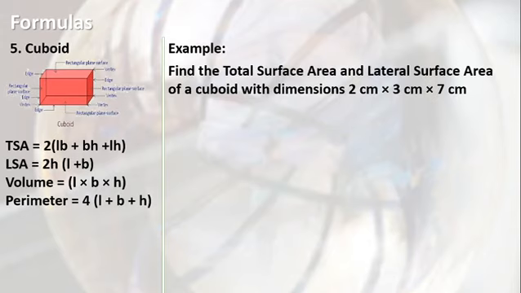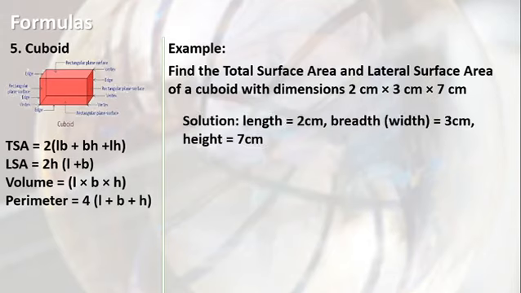So we can state that the length is 2 centimeters, the breadth or width is 3 centimeters, and the height is 7 centimeters. We want to find the total surface area. 2 into bracket length times breadth plus breadth times height plus length times height, and we perform all of those operations.